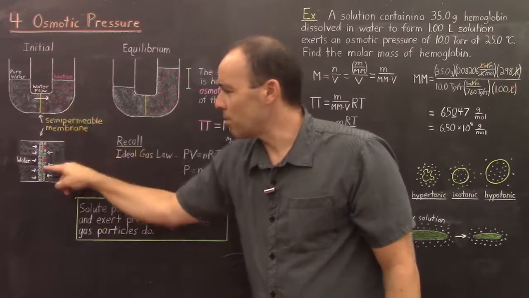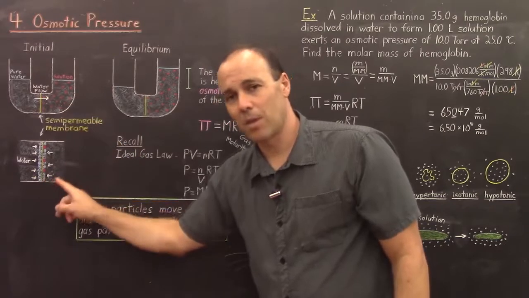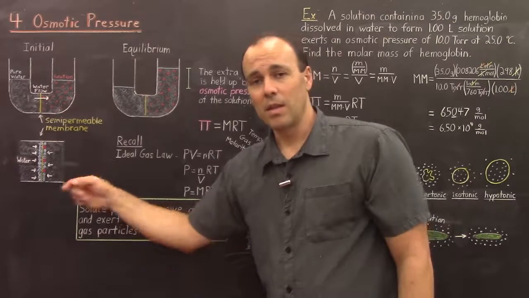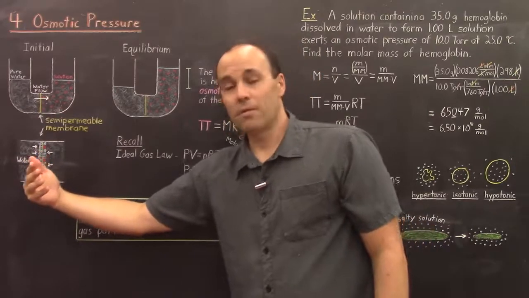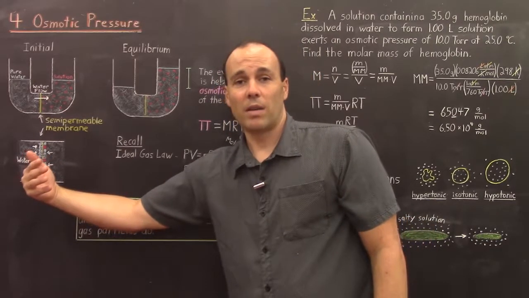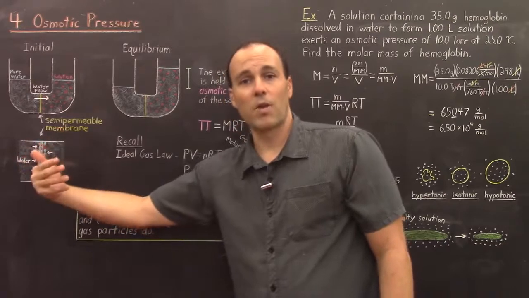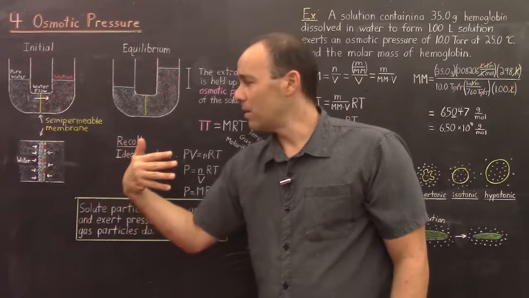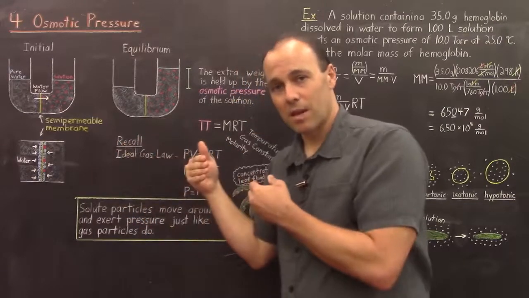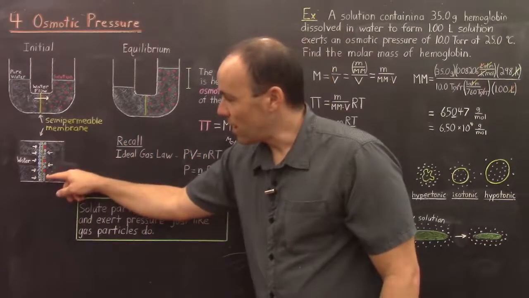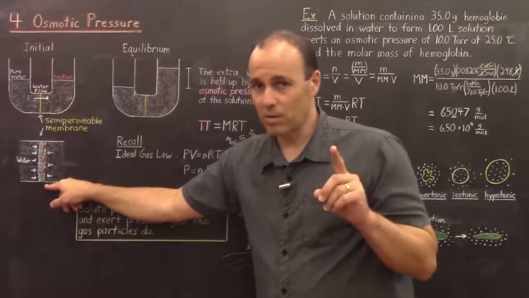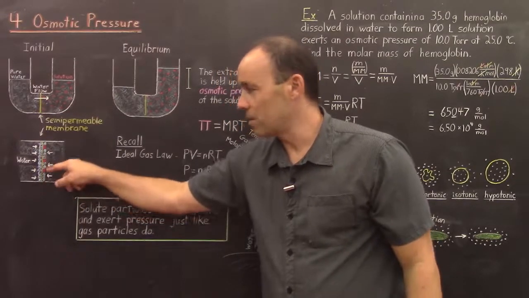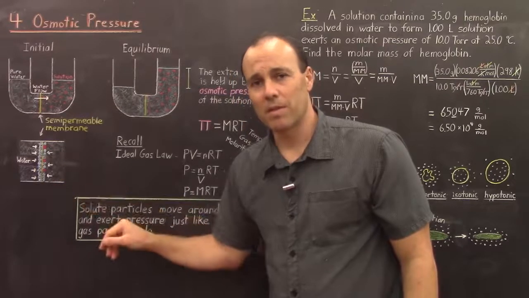On the left-hand side of the membrane you'll see solvent particles only, and a certain fraction of them will be traveling that way, and a certain fraction will be traveling this way through the membrane. Now, on this side of the membrane, you will have not only solvent particles but also some solute particles, and those solute particles are blocking up some of the membrane.